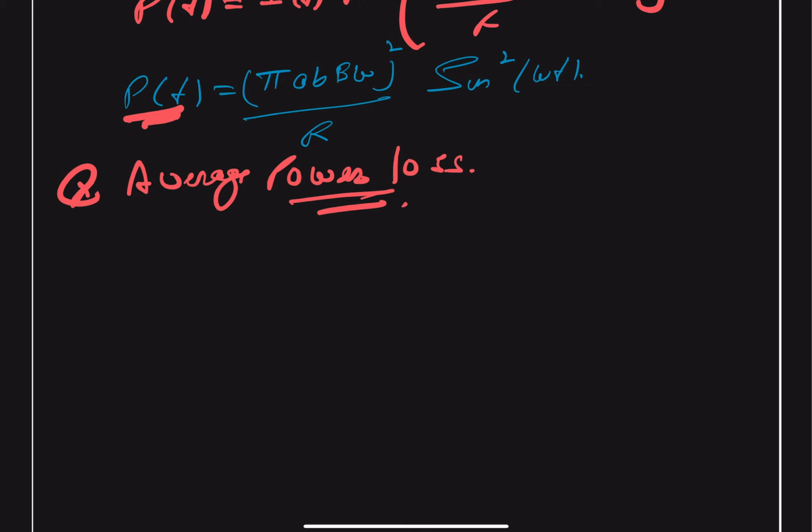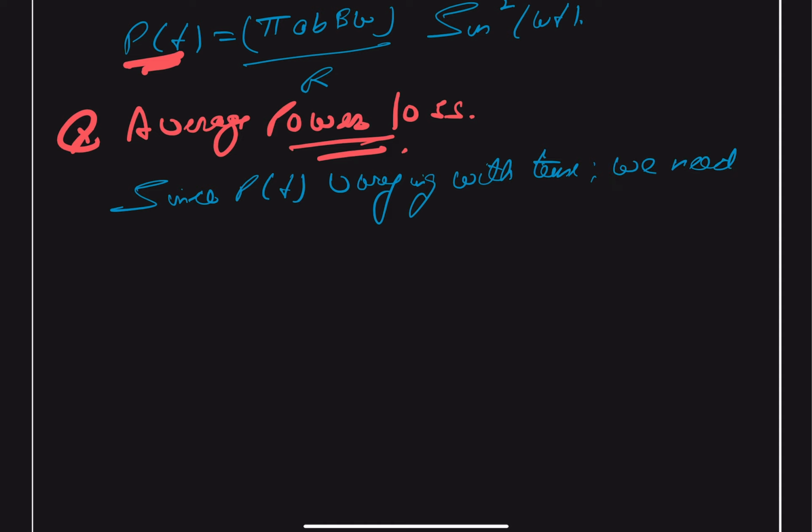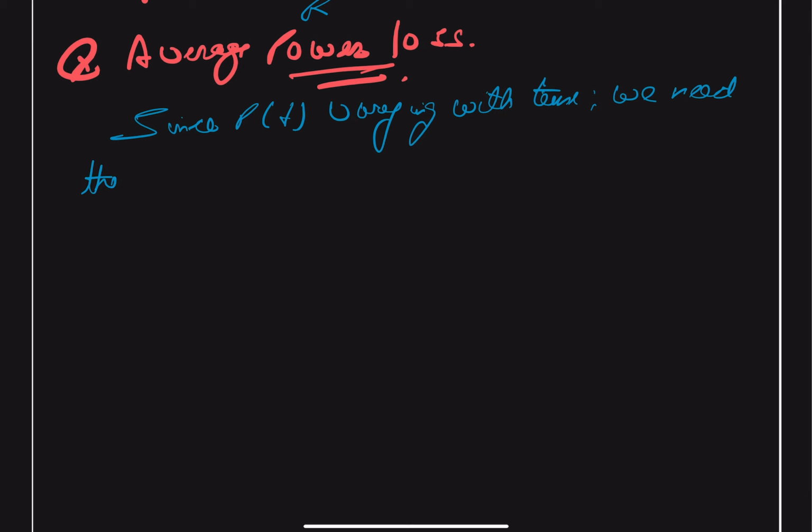So since P of t varies with time, we need the time average over one complete cycle.